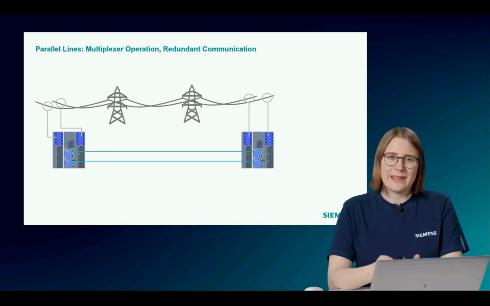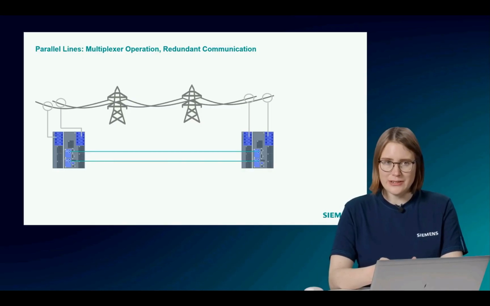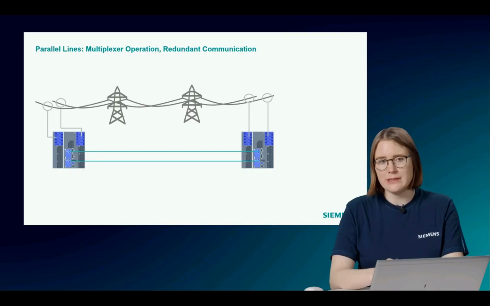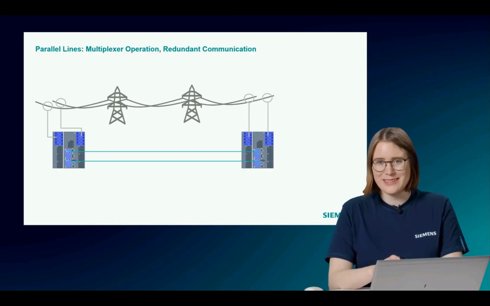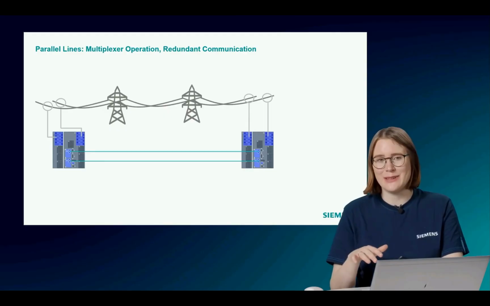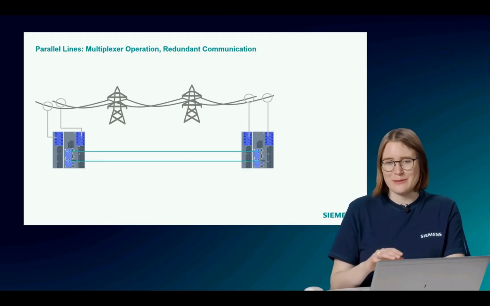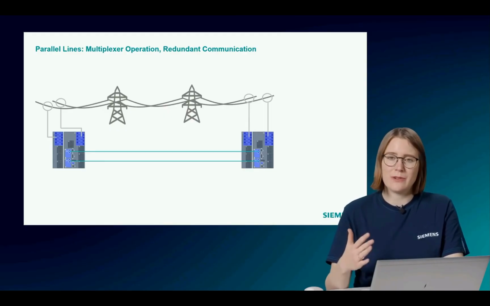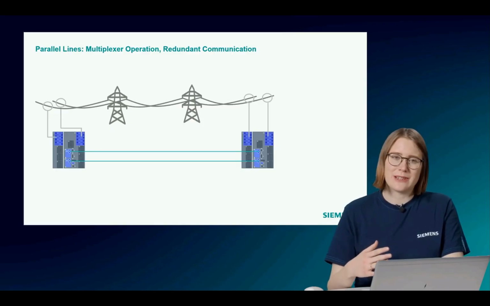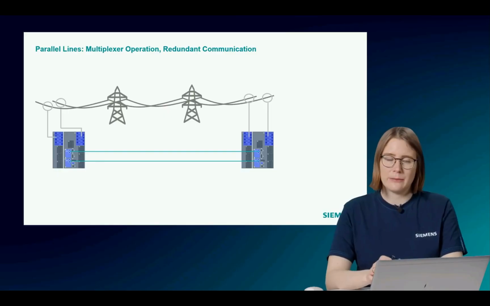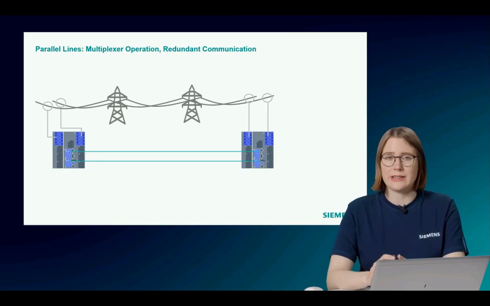To have at least a redundancy in communication, we have two modules in each device, and both modules are used redundantly. So both modules are connected to my function group 1, and both modules are connected to my function group 2. So here we have a redundancy in the communication at least.